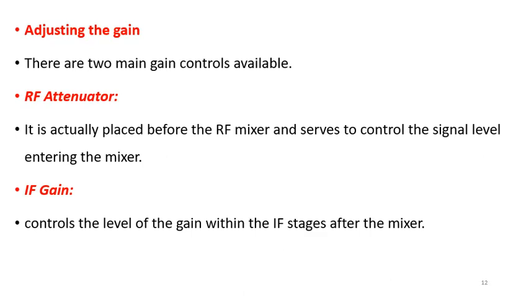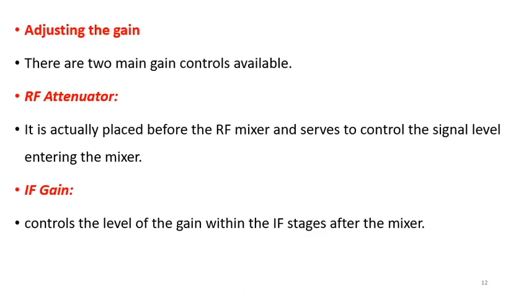Now, whenever you want to use spectrum analyzers for carrying out measurements, there are some hints you need to know, and these hints are of different types. The first one is you need to be able to adjust the gain of the spectrum analyzer so that you can get accurate results. How can we adjust the gain?